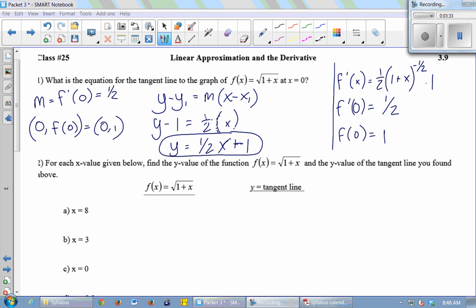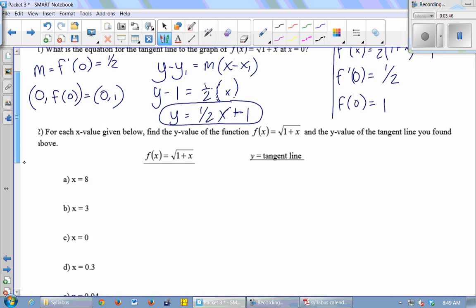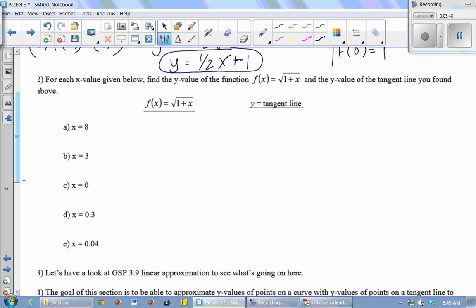I'm going to evaluate now for each of these x values. I'm going to plug it into both the function f and the equation of the tangent line, and get a y value for each. So if I plug 8 into this original function, radical 1 plus x becomes radical 1 plus 8, which is radical 9, which is 3.